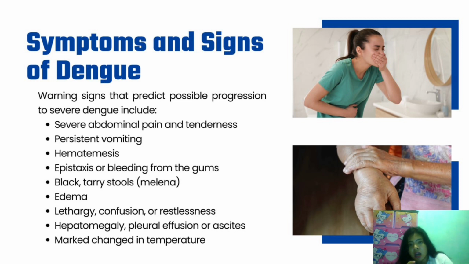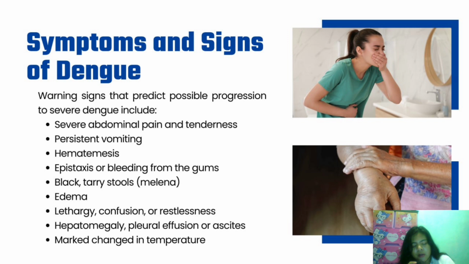Pagkahilo, pagkabalisa, or pagkatuliro. Yung next naman is hepatomegaly and pleural effusion. So, yung hepatomegaly is enlargement of the liver beyond its normal size. Certain conditions such as infection, parasites, tumors, anemias, toxic states, storage diseases, heart failure, congenital heart disease, and metabolic disturbances may all cause an enlarged liver.